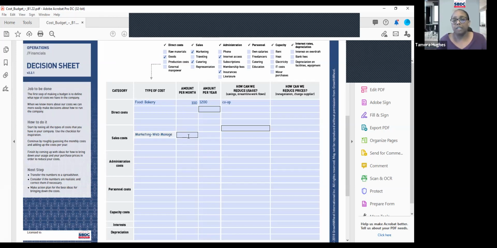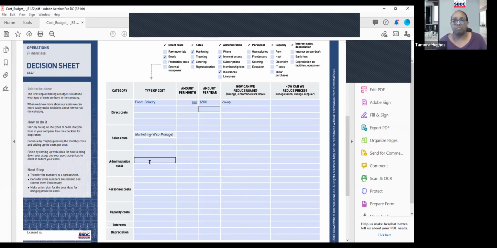So in this particular case, as it relates to sales costs and my marketing, how much am I spending per month for web management? How much is that for the whole year, times 12? And then can I reduce that cost? So those are things that you want to consider as it relates to your costs.